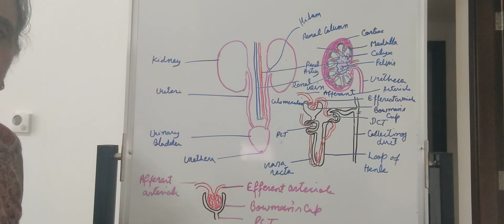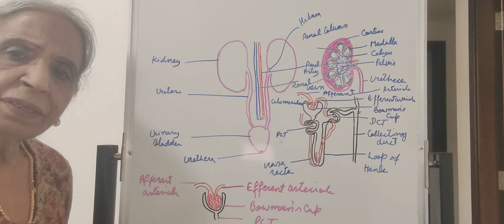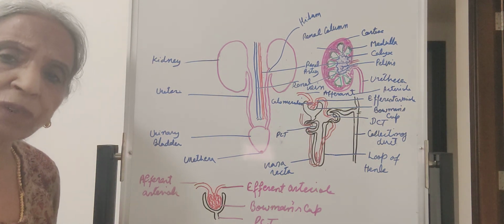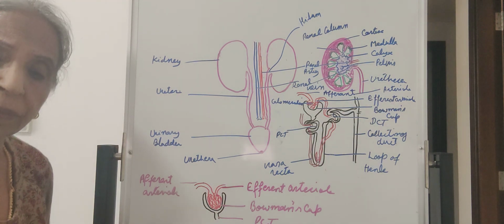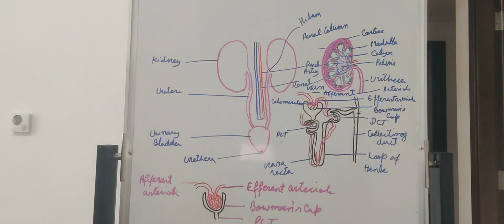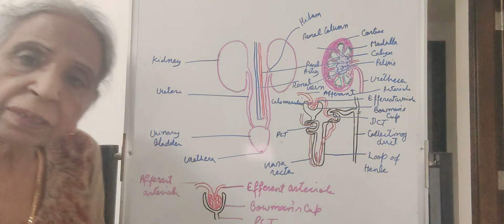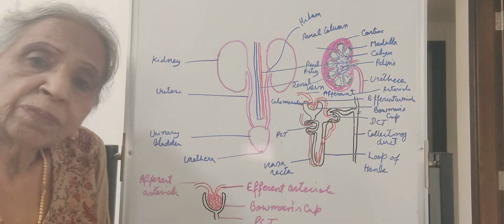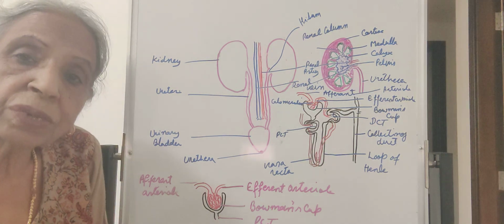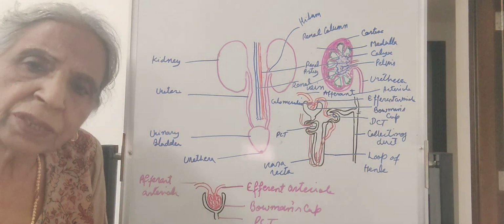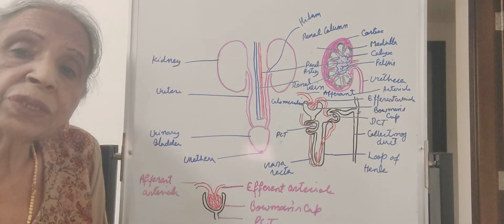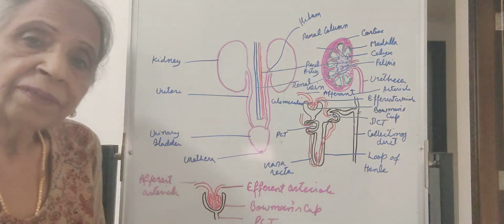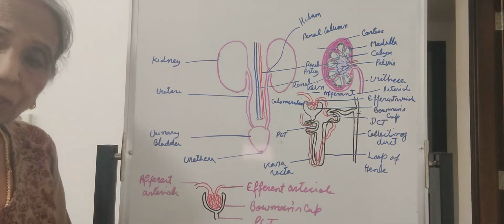So what are the organs which perform the function of excretion? In the lower animals, in platyhelminthes, what happens? Protonephridia, they are also called flame cells. In platyhelminthes, rotifera, and cephalochordata, protonephridia are the organs of excretion.